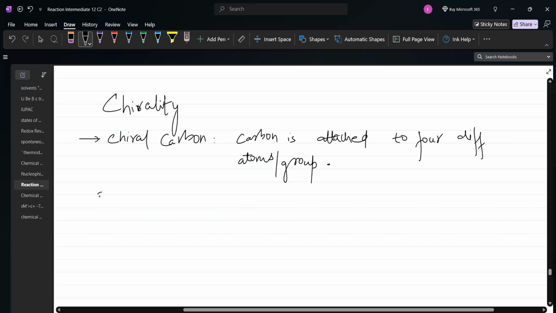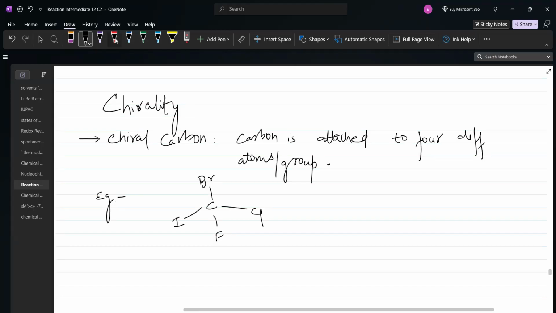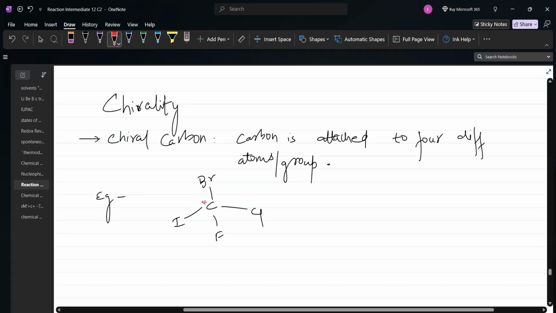Let's see with an example. For example, carbon is bonded with bromine, iodine, fluorine, and chlorine. So this will be a chiral carbon. We denote it with a star mark on the carbon.